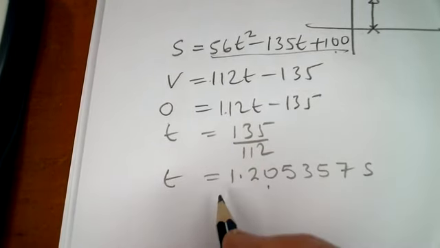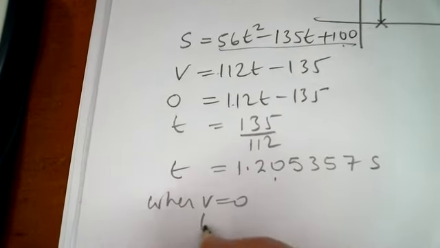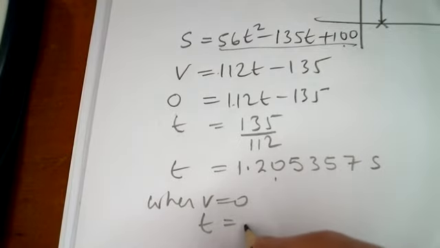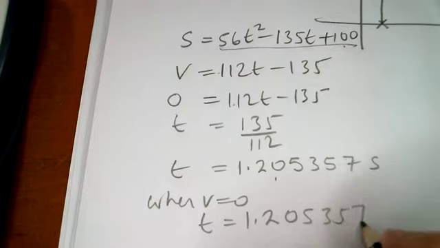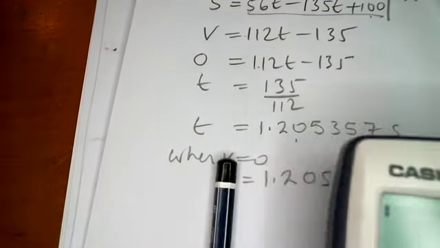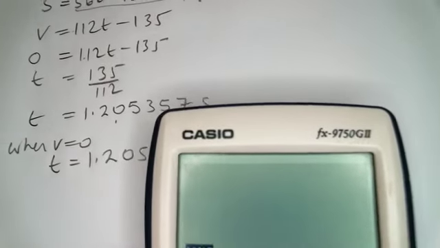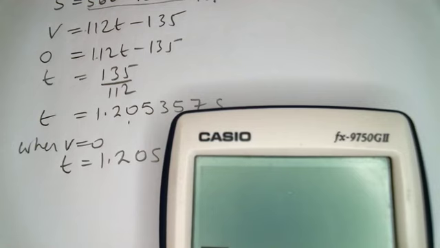We know that when v equals 0, it's at the turning point, and when v equals 0, t is 1.205357 seconds. I'm going to enter that into the calculator. I'm very tempted to use 1.21, but in the interests of showing how we should actually do it, I'm going to do the whole thing.